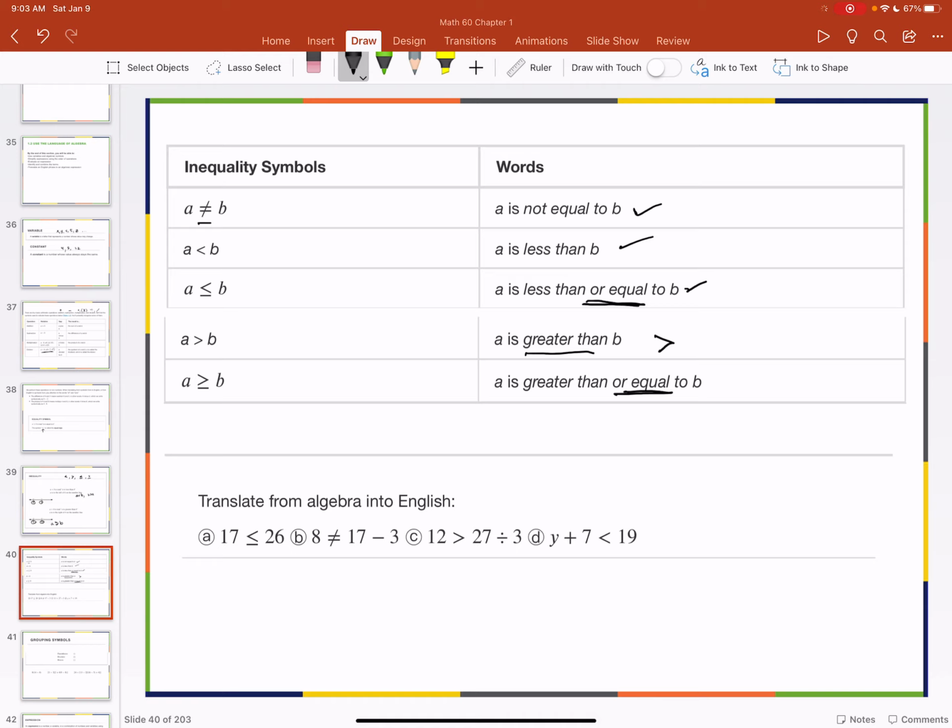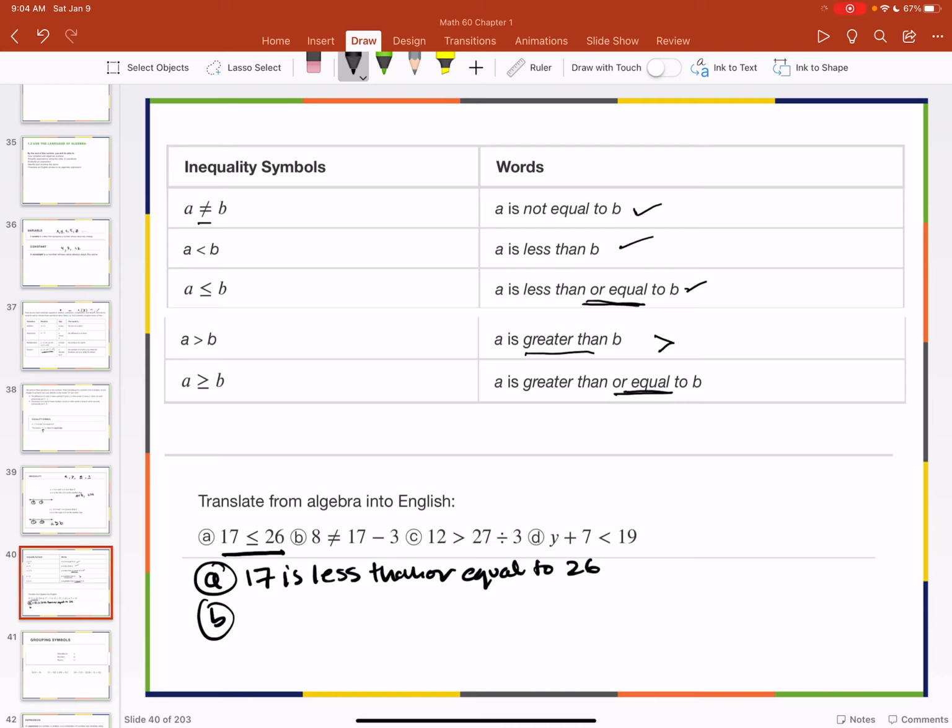Okay, so let's go ahead and do some fun examples. So here for A, we have 17 is less than or equal to 26.